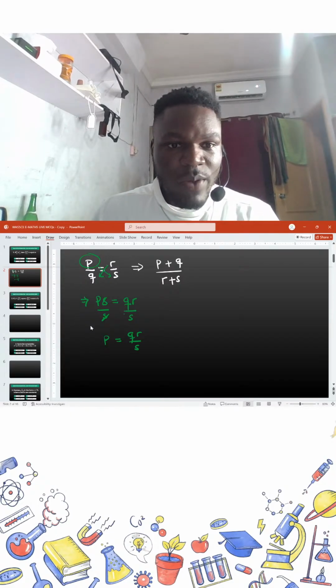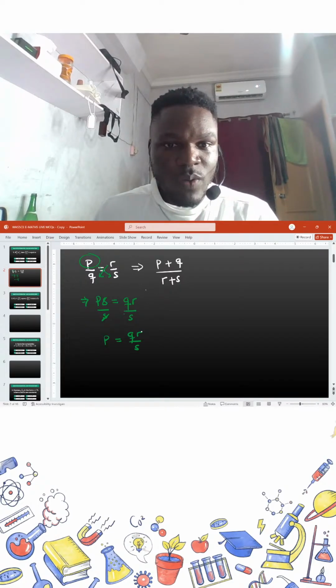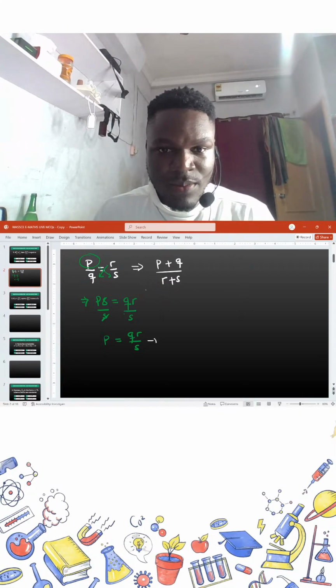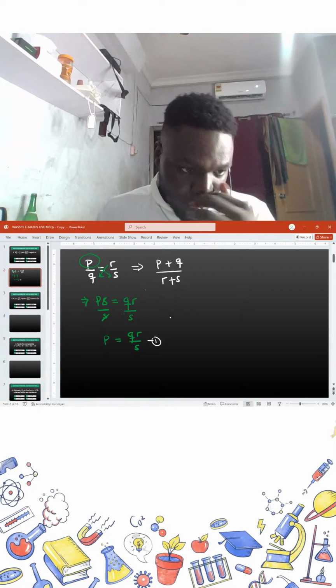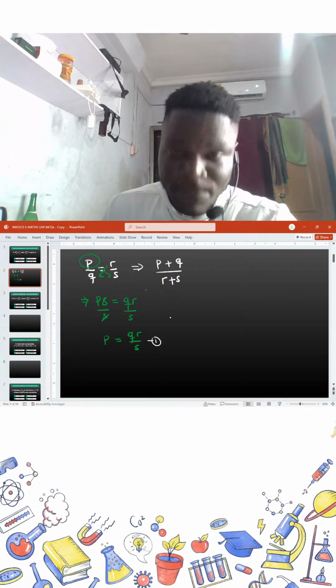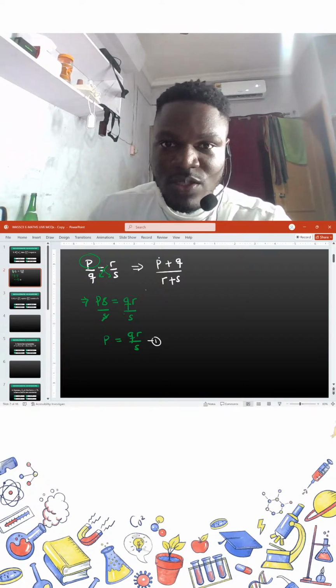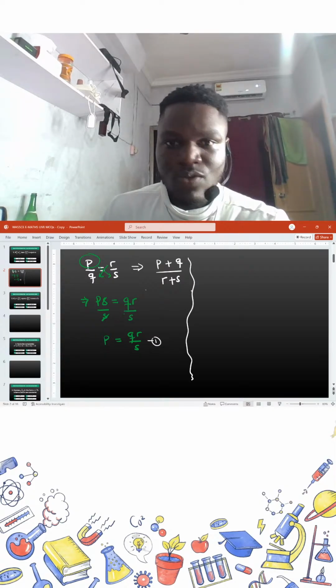All right, so now that we have that expression for P, let me make this equation 1. We substitute it into this expression, and then we can find the answer. So over here, if we do the substitution using this expression, let me divide this side into 2.